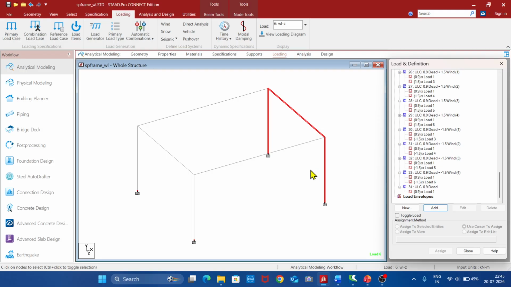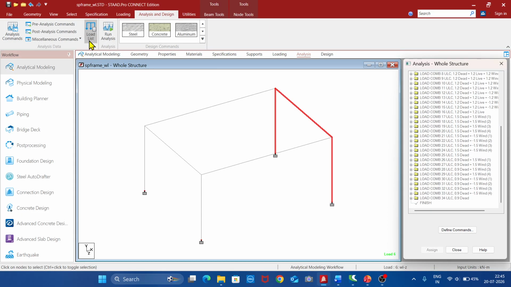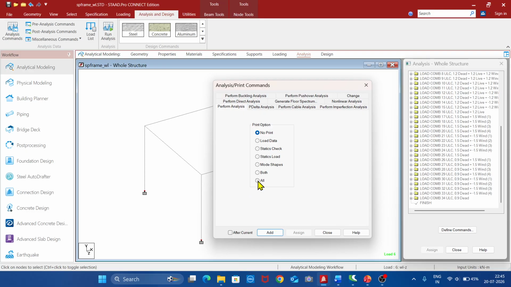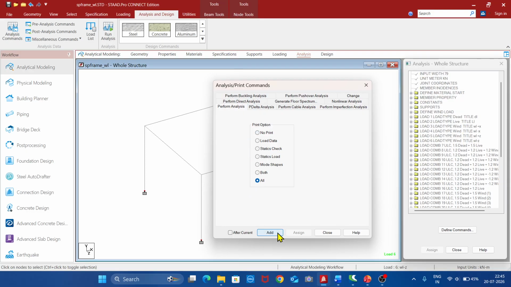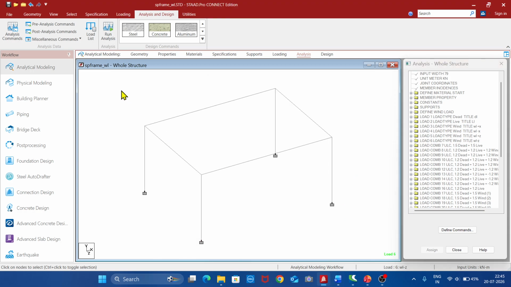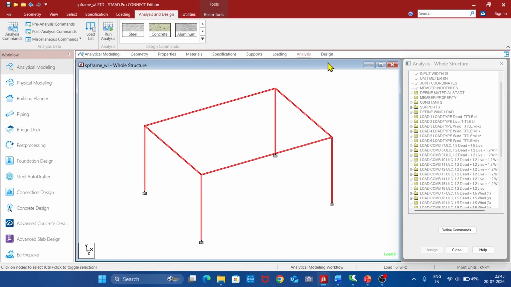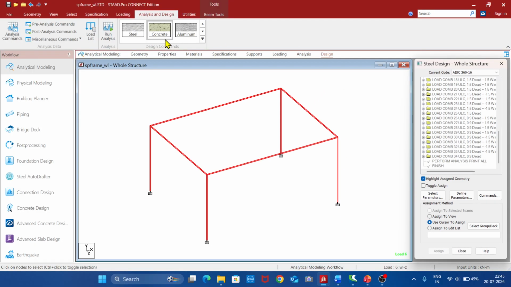So once the loads are given, then we can go to analysis. In analysis commands, you can give perform analysis, all, then add, then close. Then before designing, select everything, go to design. These are common as we do for any problem.